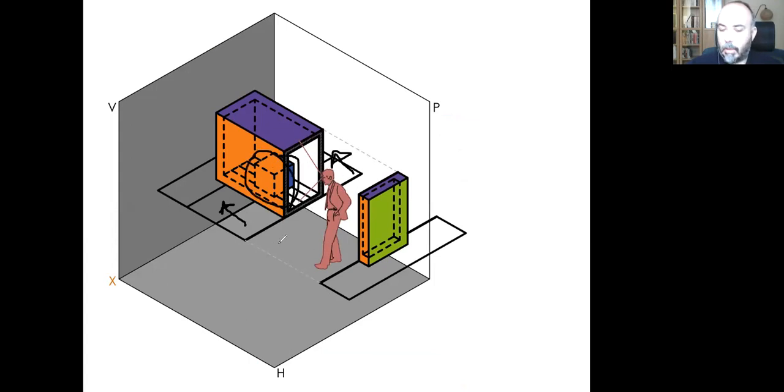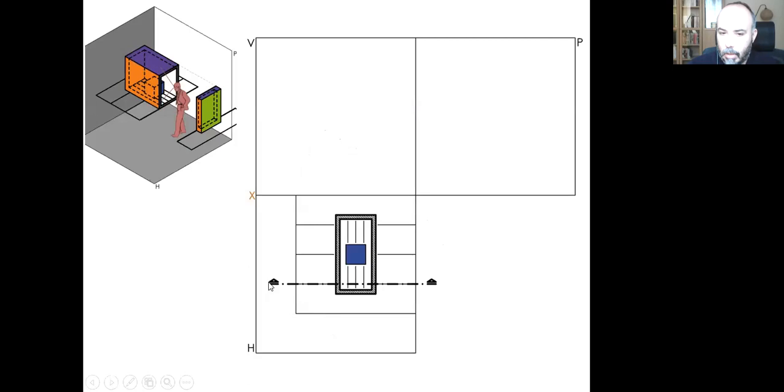However, I could do the reverse, and I could look at this direction. So this is another thing that I need to indicate over my plan. So I use tiny triangles to indicate which direction we are looking at. This line here indicates the position of the cutting plane, and these little triangles indicate the direction that we are looking at, so that people can understand.